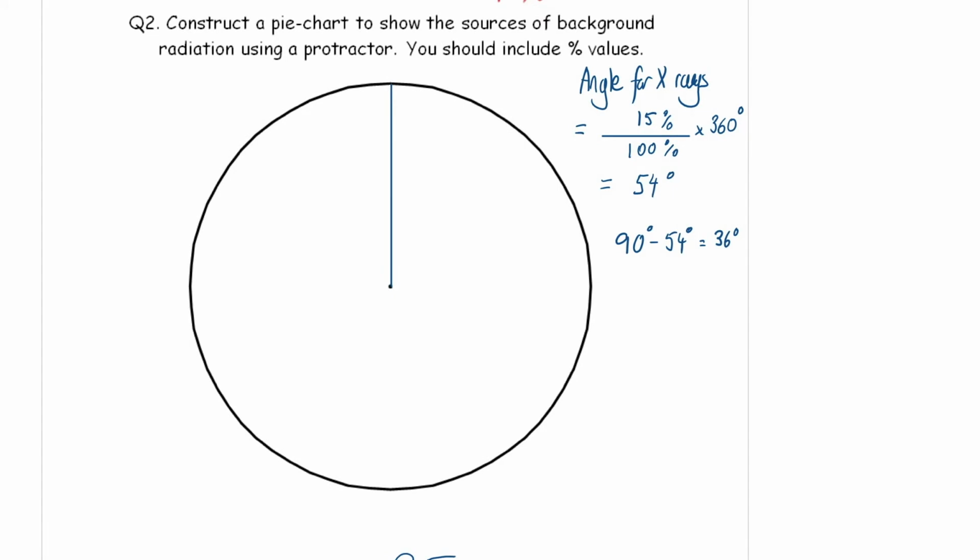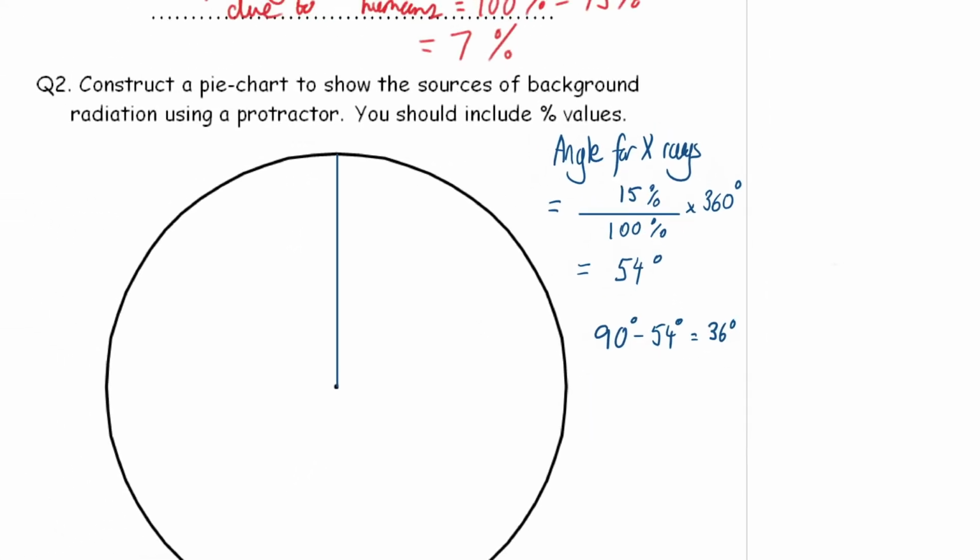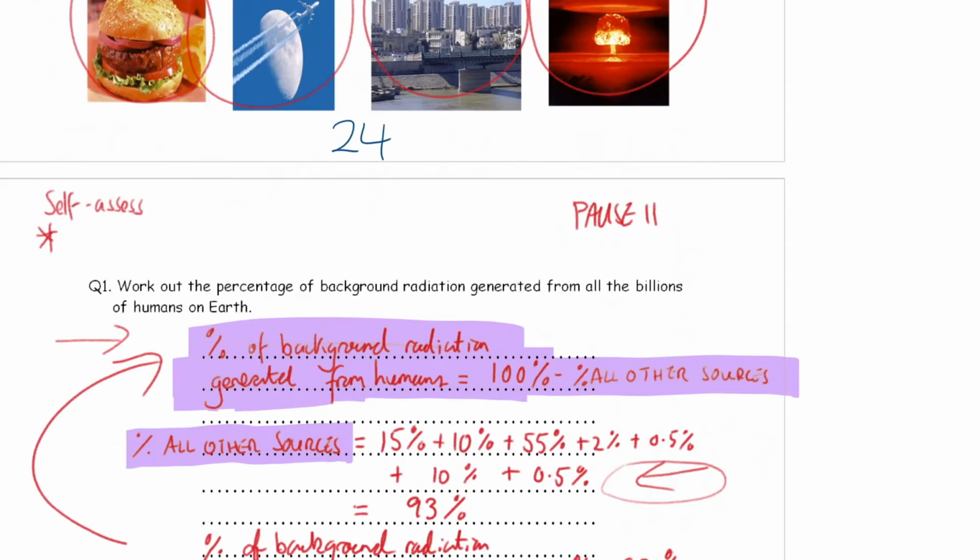Question 2. Construct a pie chart to show the sources of background radiation using a protractor. So I've made a quick start on how to present or show the proportion of X-rays. What you would do, look, you would work out the angle of X-rays by dividing the percentage of X-rays, which is 15%.